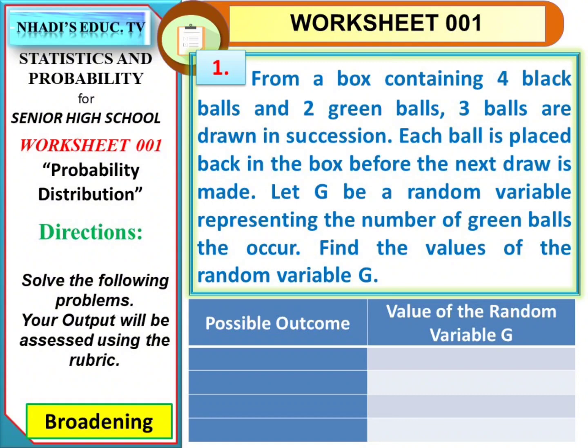Let G be a random variable representing the number of green balls that occur. Find the values of the random variable G. Okay, so we have here still the table which you are going to fill out for the possible outcome and the value of the random variable G.